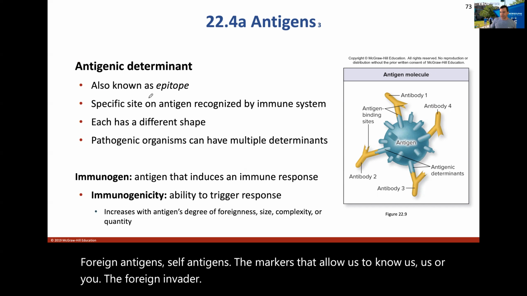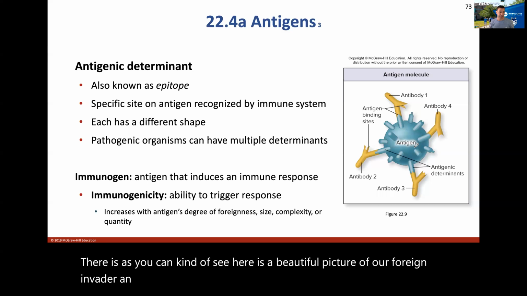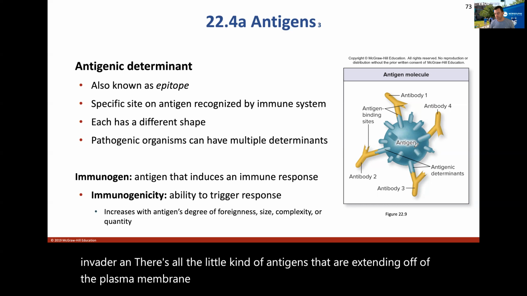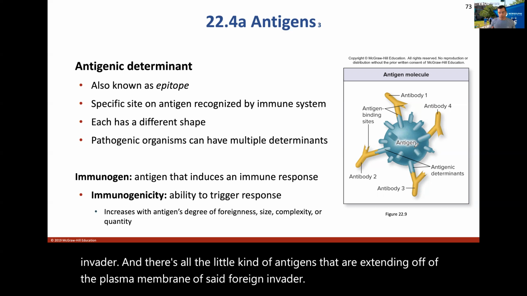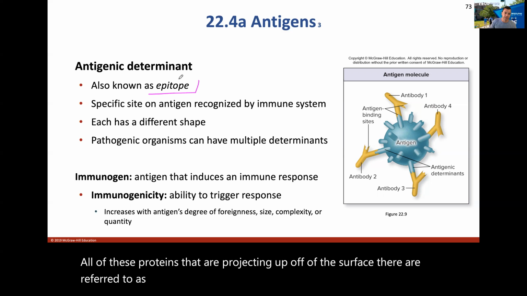As you can see here, there is a beautiful picture of our foreign invader, and all the little antigens that are extending off of the plasma membrane of said foreign invader. All of these proteins that are projecting up off of the surface there are referred to as an epitope, okay?